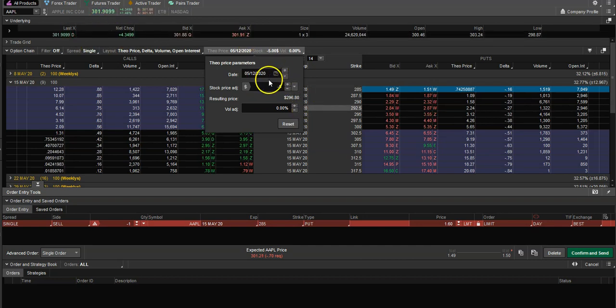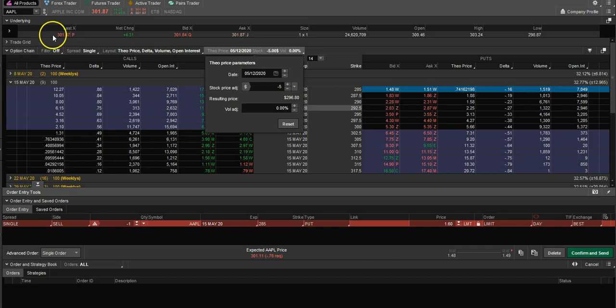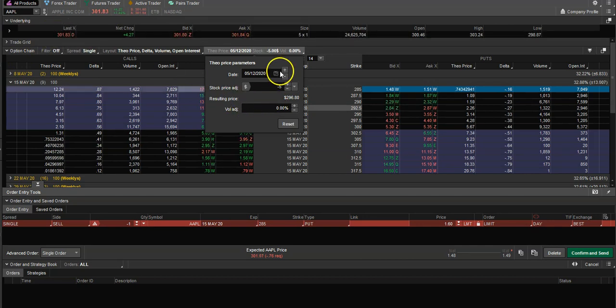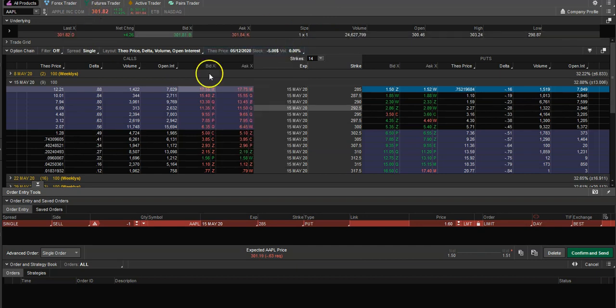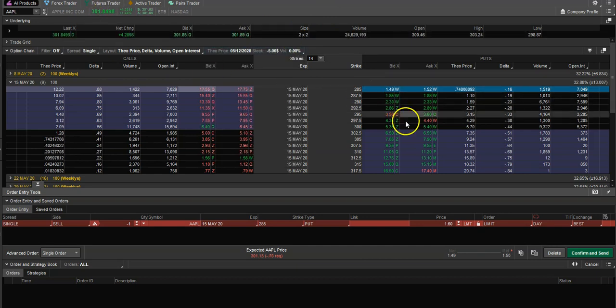Stock is now trading at 297 by next Tuesday. Yeah, we're wrong on the direction, but look at that. We've actually made money because of time decay and because we sold far enough out of the money. So what we sold for $1.50 is worth 75 cents.